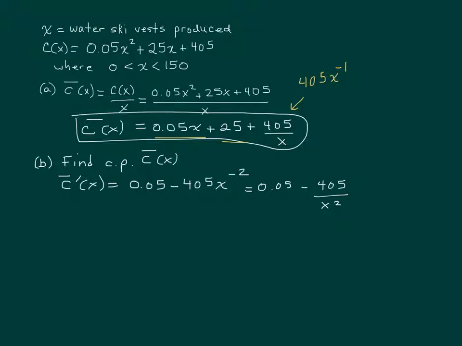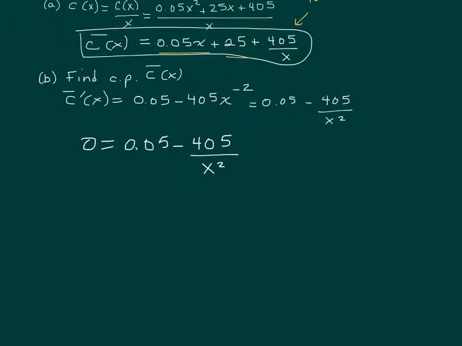After you find the derivative, you set the derivative equal to 0. So 0.05 minus 405 over x squared equals 0, and then you solve this for x. I'm going to move this 405 over x squared to the other side of the equal sign just to make it positive, so I just added it to both sides.